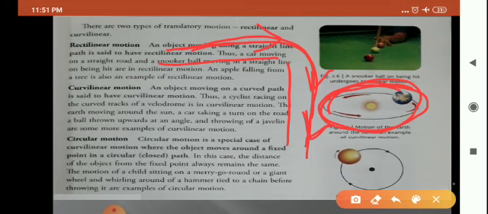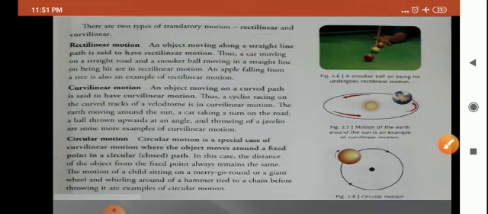A ball thrown upwards at an angle. Suppose a boy is standing here and he is throwing a ball upward at an angle. So if the ball is thrown like this, this ball is also covering which path? Curved path. So the motion of the ball is also a curvilinear motion. Another example is given here.